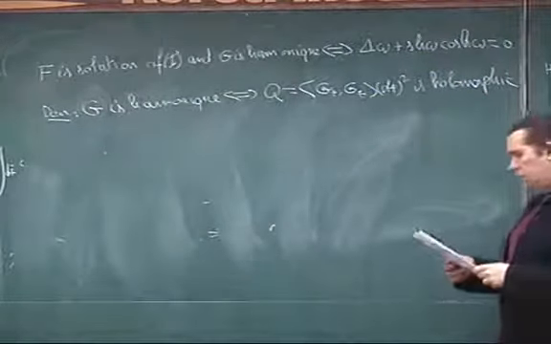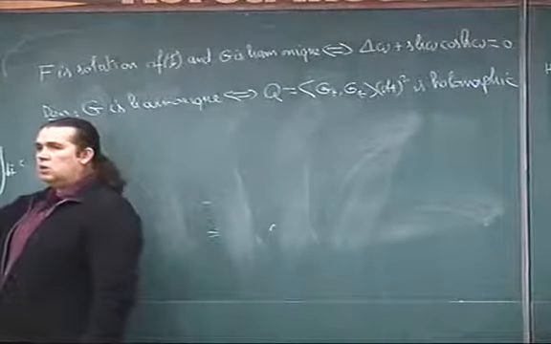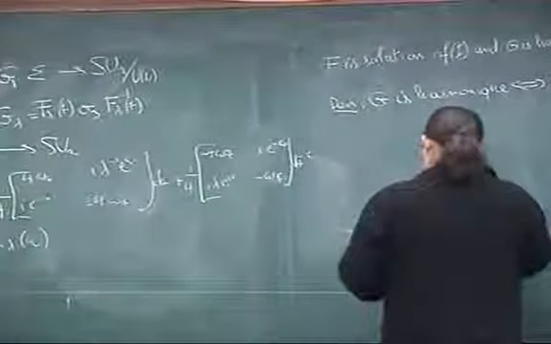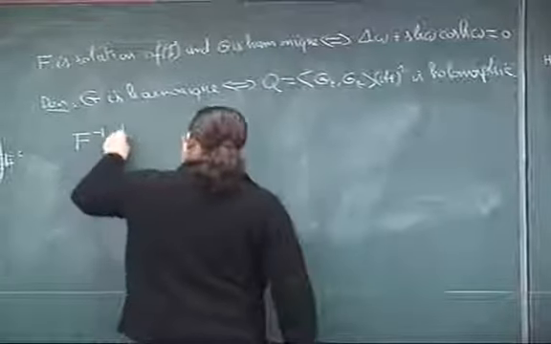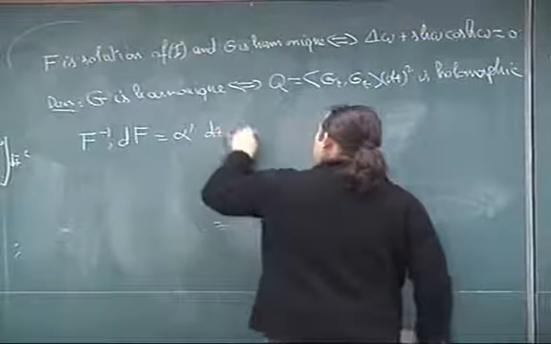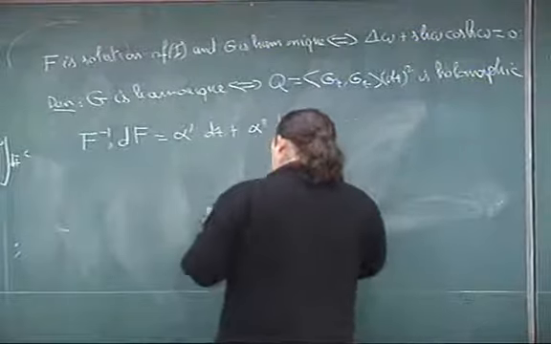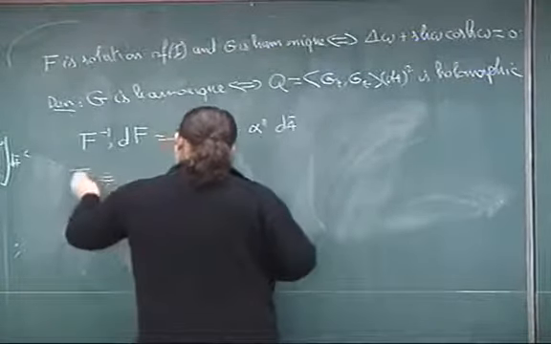Okay, and we have to check the condition under which this system exists. Huh? To see that df is alpha prime dz plus alpha seconde dz bar, and to check the integrability condition, huh?